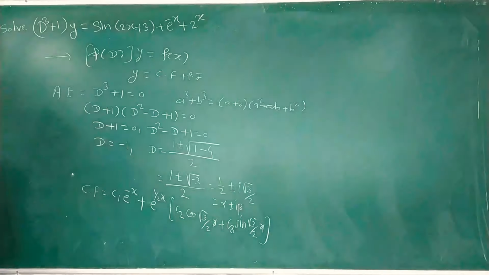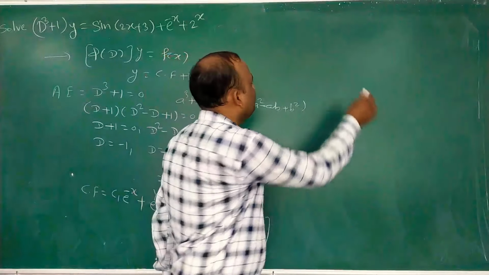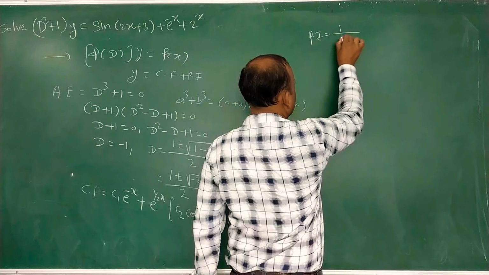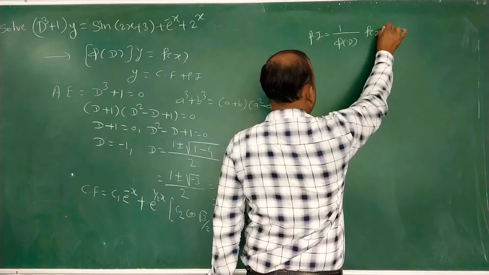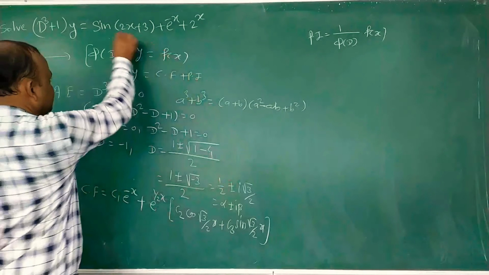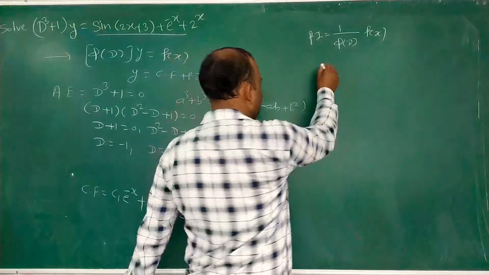Now we have to find the particular integral here. For the particular integral, we know the formula PI = 1 upon phi of D into f of x. What is f of x? f of x is the right hand side of the given linear differential equation, that is sin(2x + 3) + e^(-x) + 2^x.